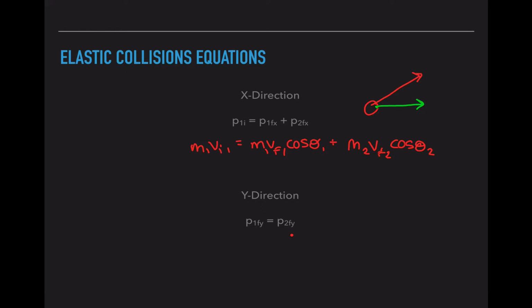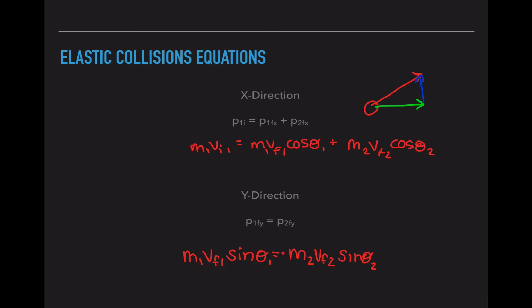In the y direction, we are now looking for this vector. And notice, the y direction doesn't have any initial components. They are only final components. So mass 1, final velocity 1, and since it's the y direction, we're using sine theta, equals mass 2, final velocity 2, sine theta 2.